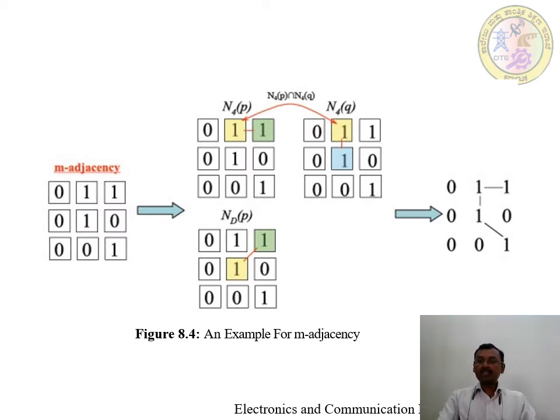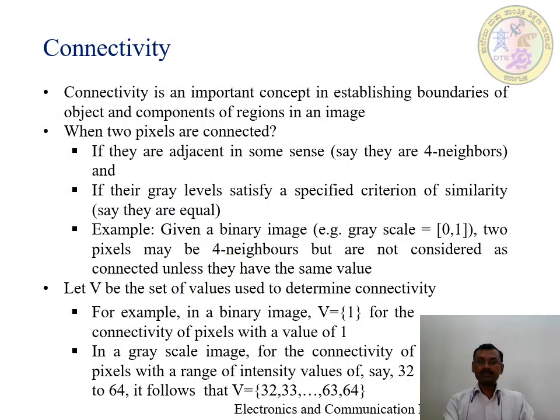That's what is shown here. The intersection of the N4 of P and N4 of Q has no pixels. Thereby you will have only the adjacent pixels with single connectivity, single path. Therefore, that adjacency we can use to have the connectivity.